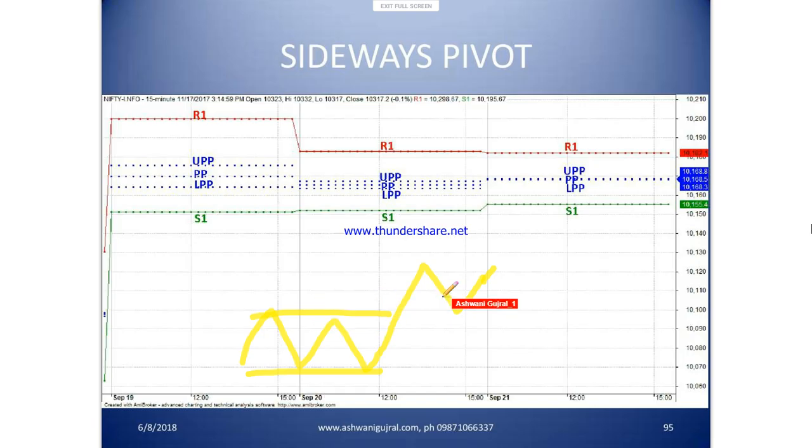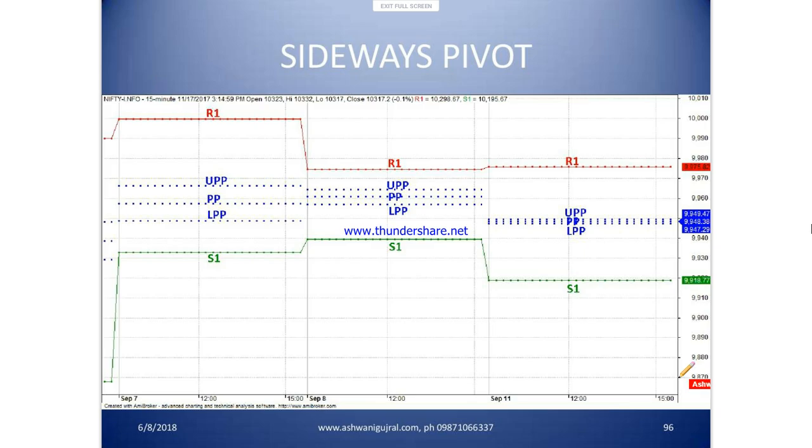So a trend following methodology does not perform as well in a sideways market as it does in a trending market. But it's possible to do profitable trading even in a sideways market, and we'll talk about examples. Again, the boundaries sometimes can be up or down. So only trade the pivots where boundaries are consistent.